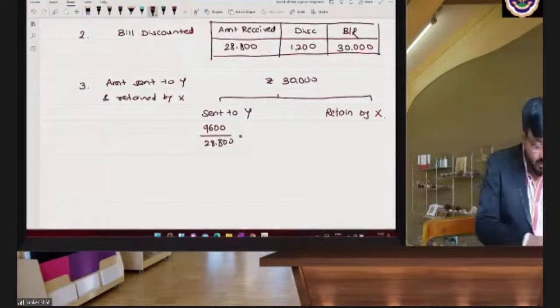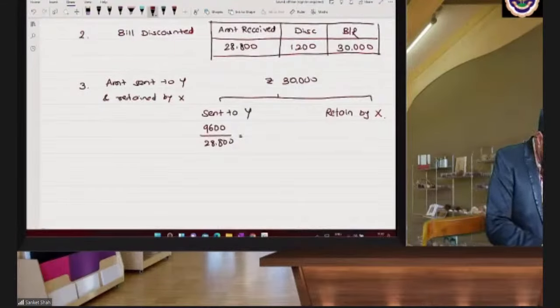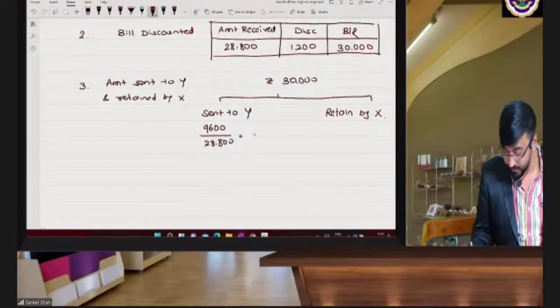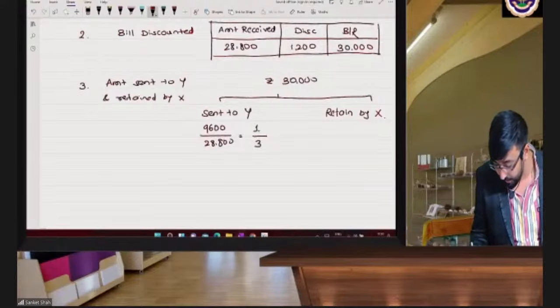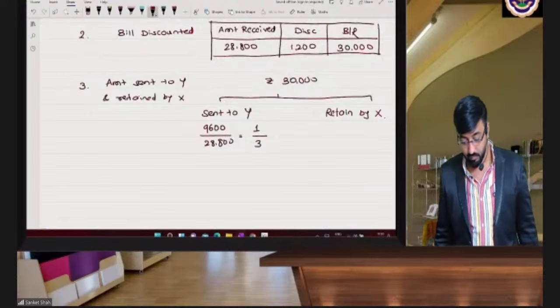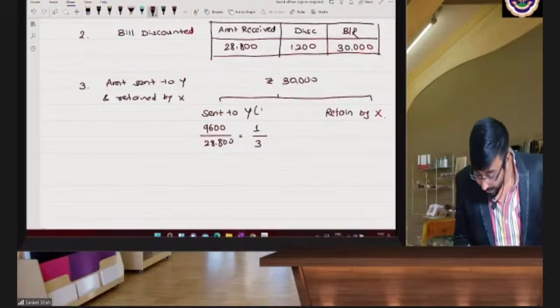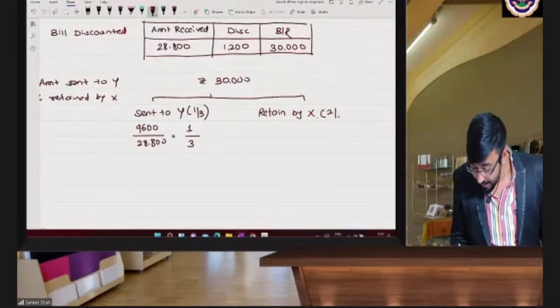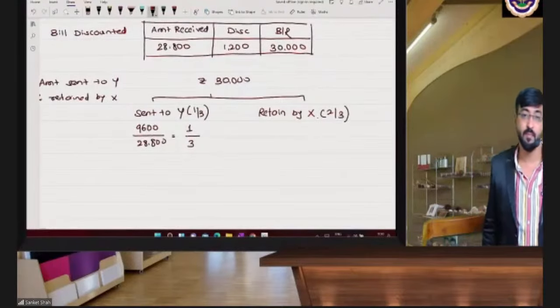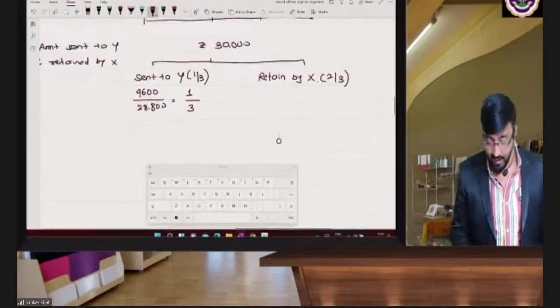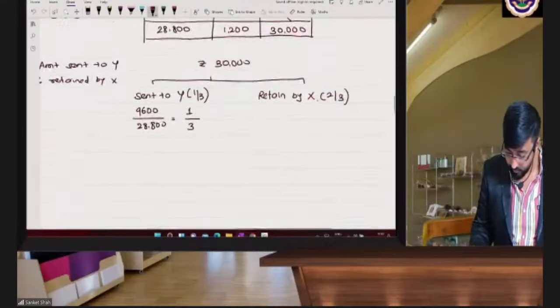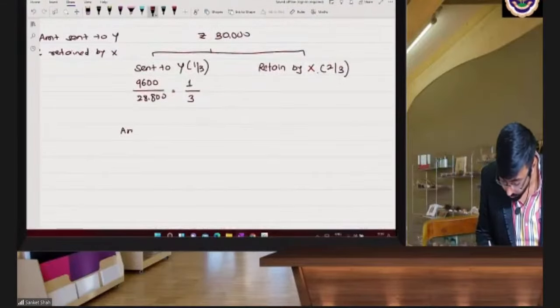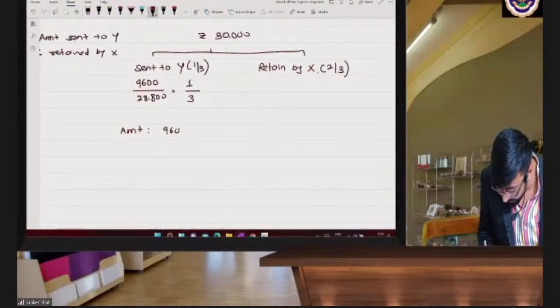You can take the calculator: 28,800 divided by 9,600 is 3. So it reflects 3 and 1. So sent to Y is 1/3 of the amount and retained by X is 2/3. So 1/3 means 9,600 cash sent.